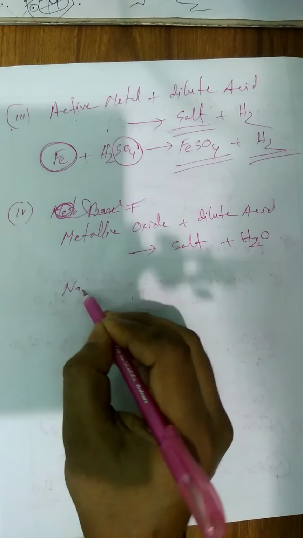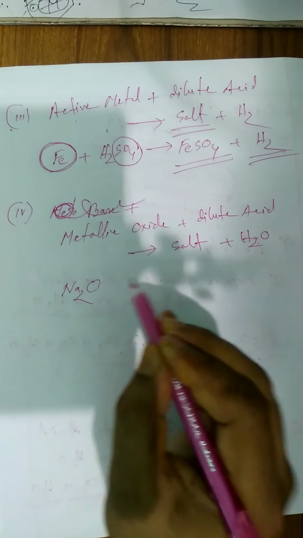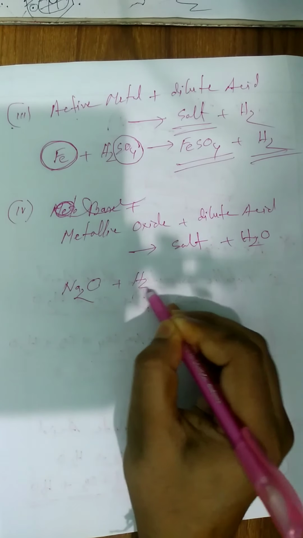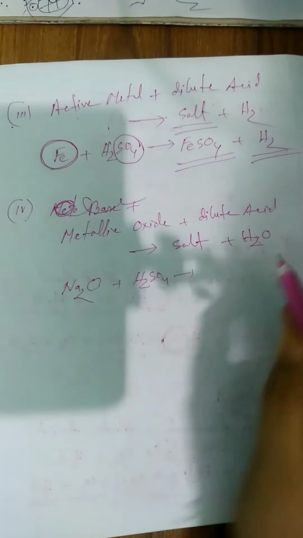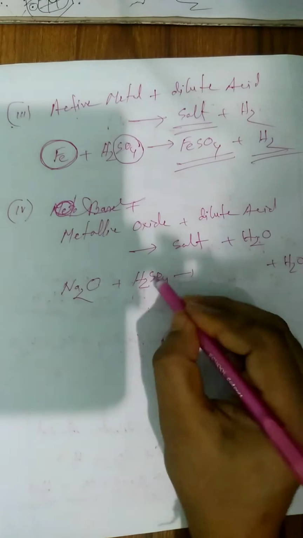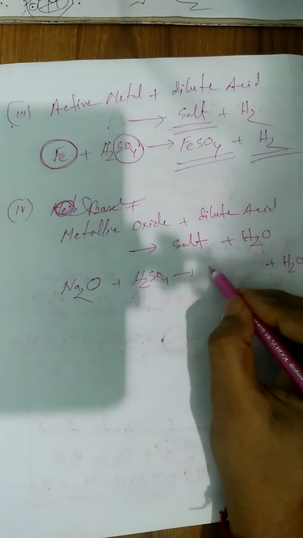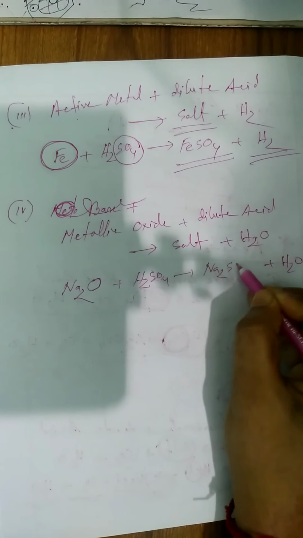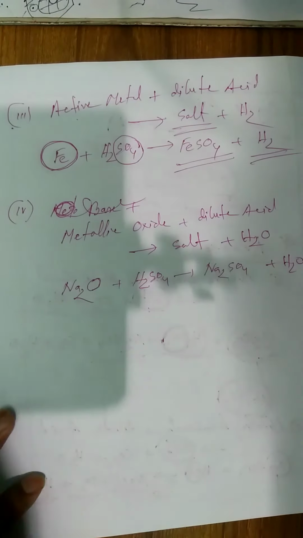For example, Na2O plus H2SO4. This H2O is common and salt will be Na2SO4.